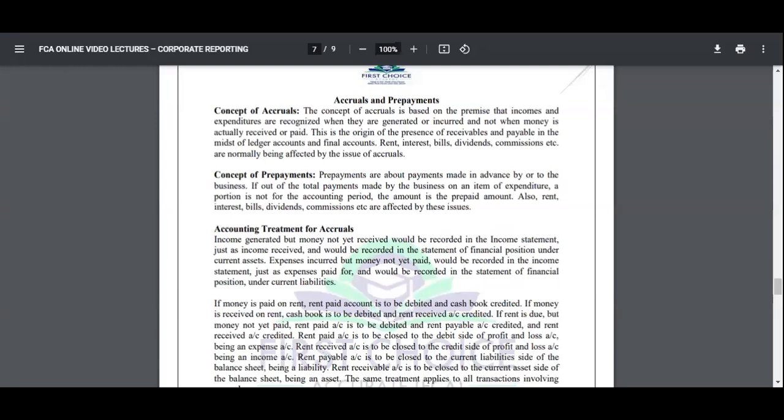In other words, we've paid in advance rent for January, February, March, April, May, and June. So those 6 months, we treat as payment in advance, which is prepaid.